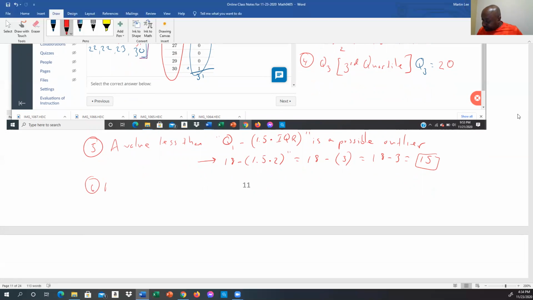Now we want to see if there is a value that is greater than this equation. Let's write this over here. Q3 plus 1.5 times IQR.